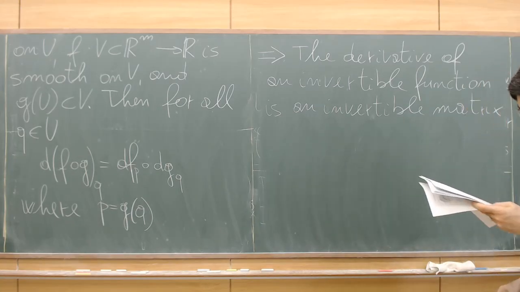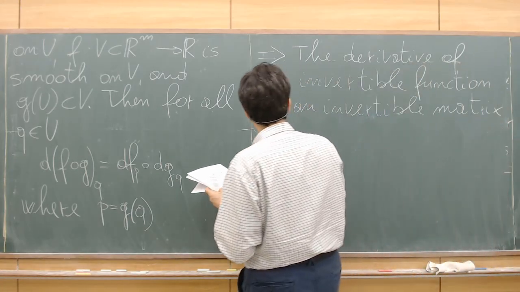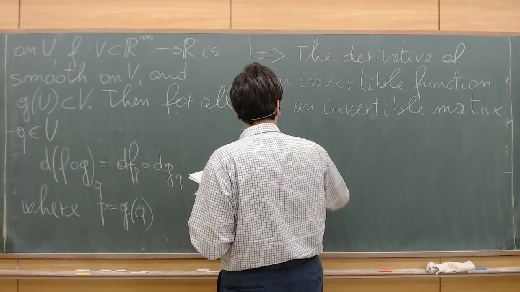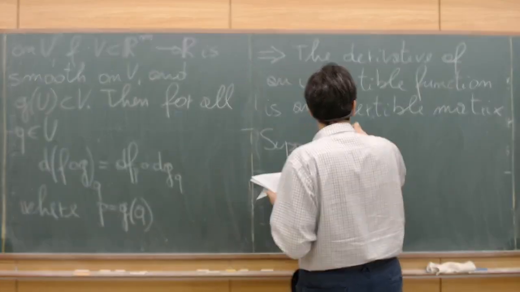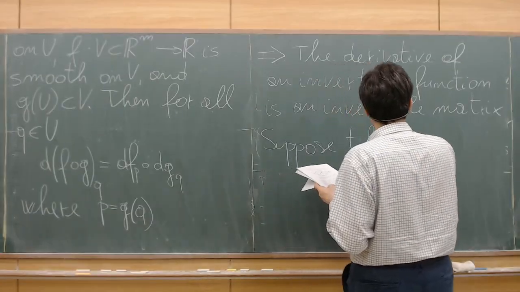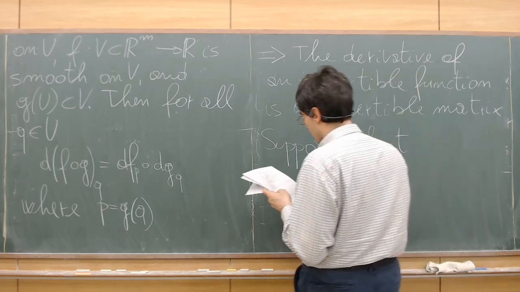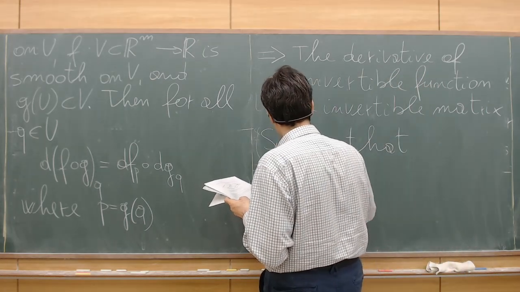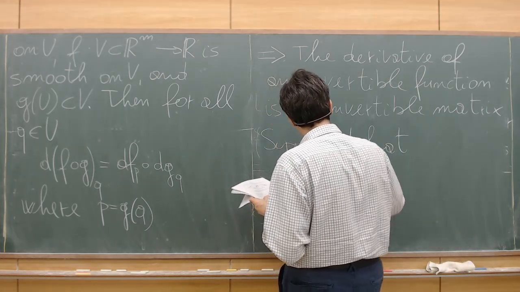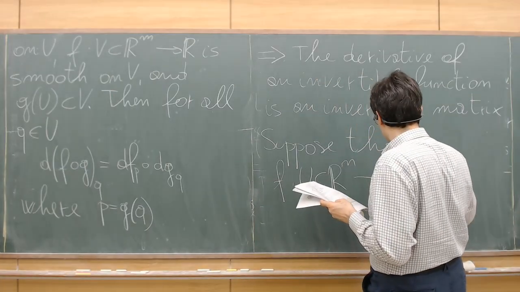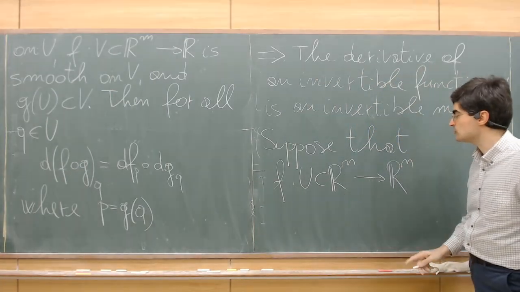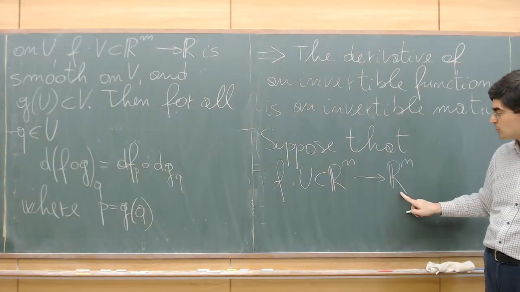How to prove it? So suppose that F is a function defined on an open set U of R^n with values in R^n. Please note that we are considering the same space.